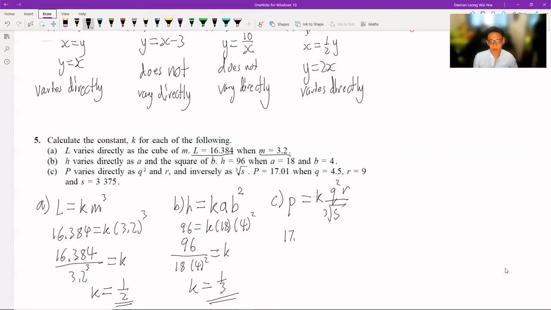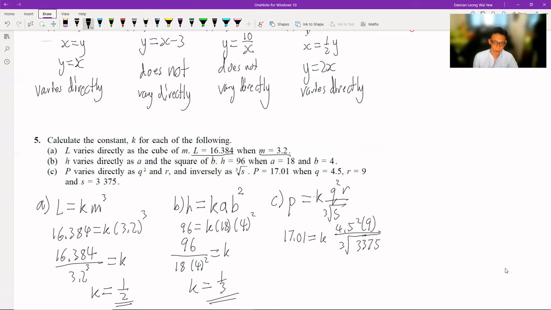P is 17.01, equals k times Q square. Q is 4.5, 4.5 square. And then R is 9 over cube root of S. S is 3375.